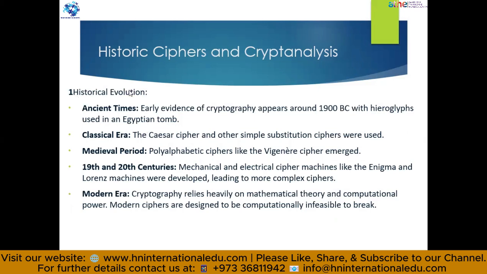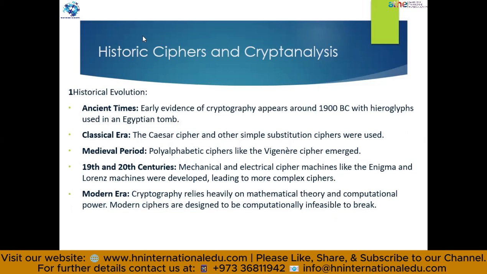Okay. Historical evolution. Ancient times: the earliest evidence of cryptography appears around 1900 BC, used in an Egyptian tomb. Classical era: the Caesar cipher and other simple substitution ciphers were used.